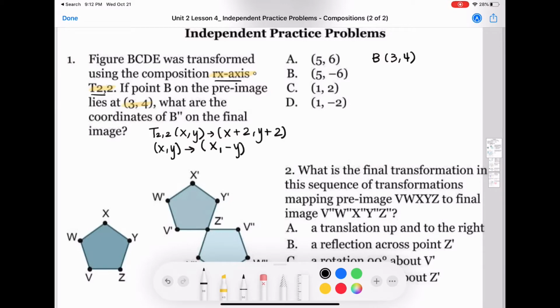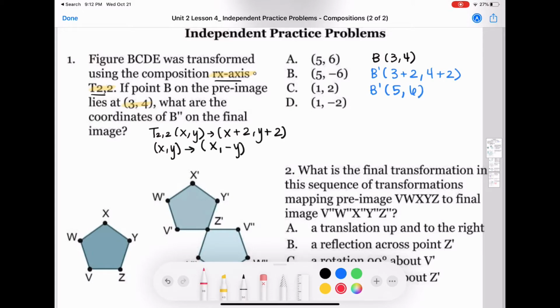So first we want to do the transformation. I'll use a different color just so we can see this a little better, to complete the transformation rule. So the transformation tells us to add 2 to x and to add 2 to y. So we get 5 and 6.